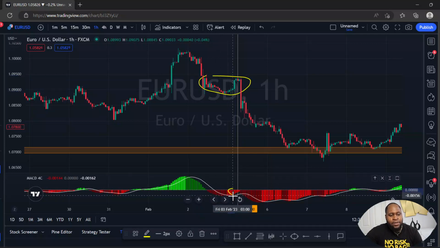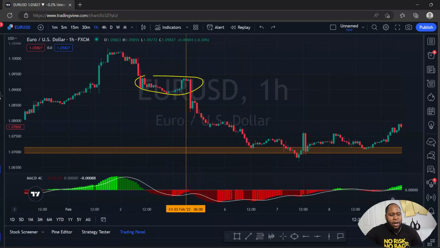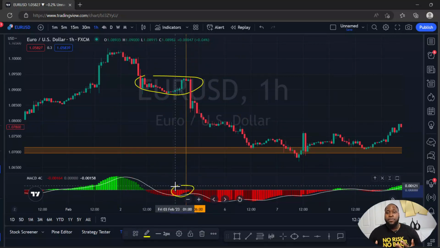After you have, listen to this, after you have a couple of candles, and when I say a couple, I'm talking about 2, 3, even 4 candles on the histogram that have turned light, then you want to pay attention and get ready for your entry. Okay, so after 2 or 3 light candles on the histogram, you want to get ready for your entry, and you know that there's a possibility that the retest is more than likely ending at this spot over here.